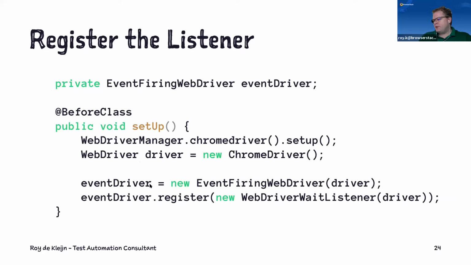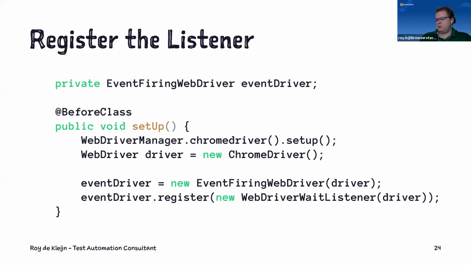And on this instance, we can register our own listener or listeners. And you can have multiple listeners if you want. So that's quite handy, because now you don't have to change your test cases, because it will listen to the events. And if certain events will happen in the browser, then the script will wait automatically.